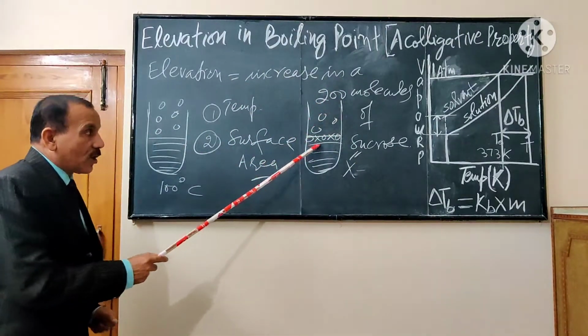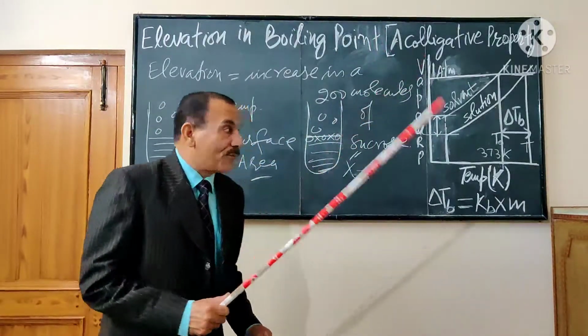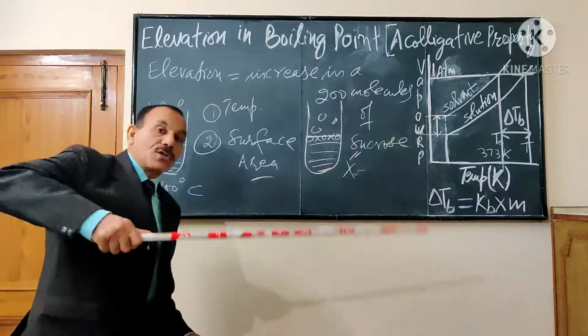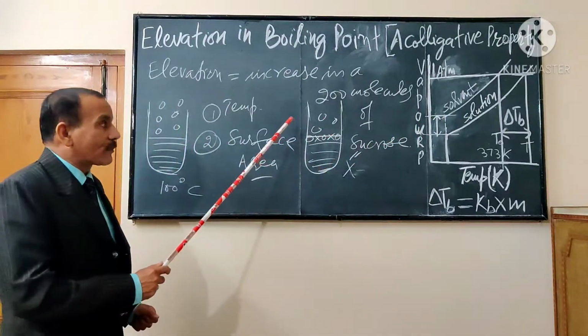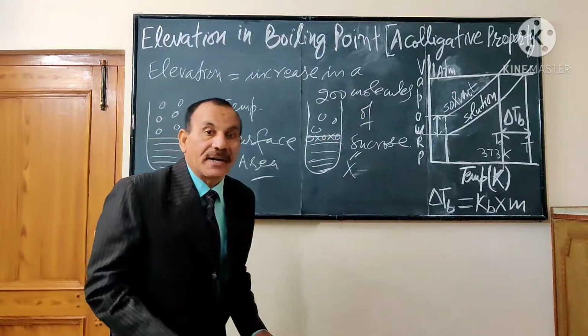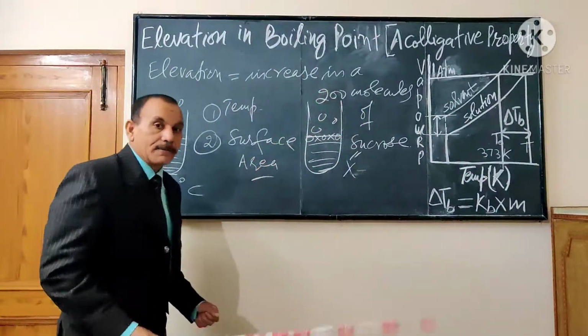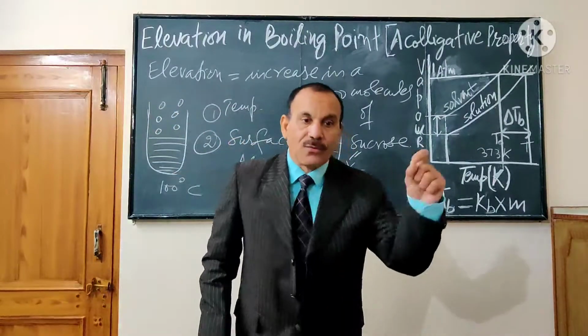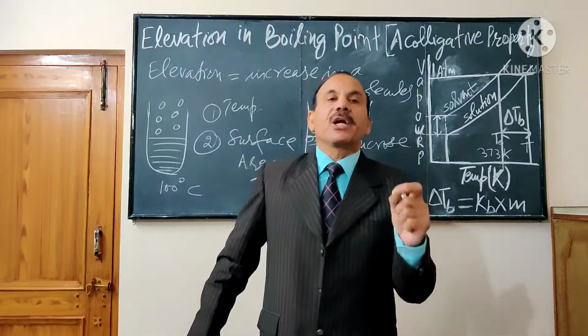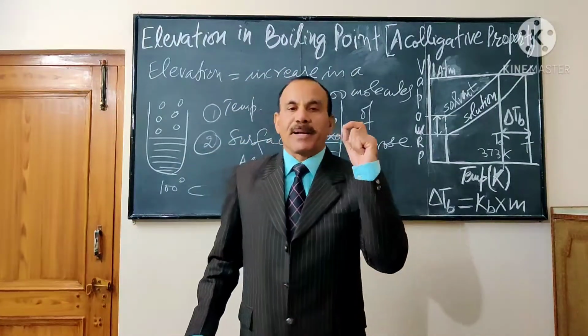So we have to heat the solution beyond 100 degrees C in order to make the vapor pressure of water in solution equal to 1 atmospheric pressure or external pressure.